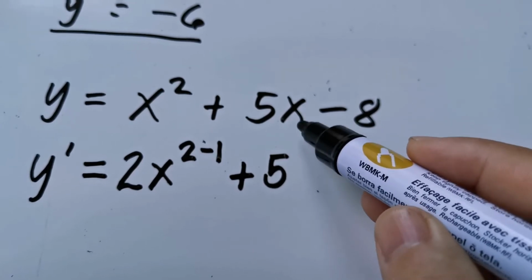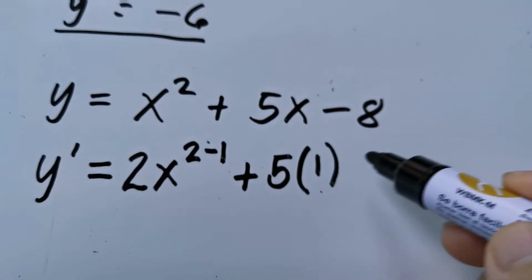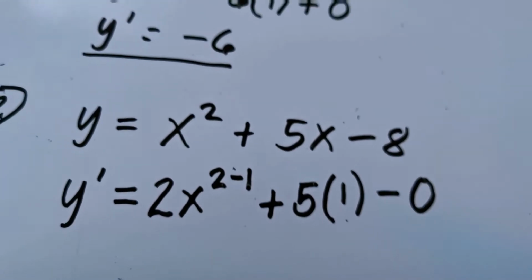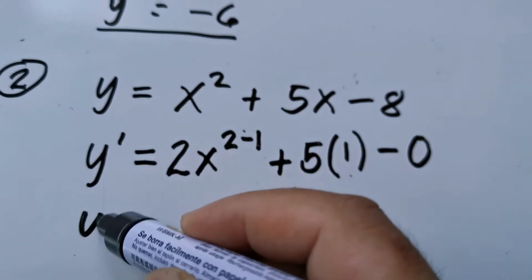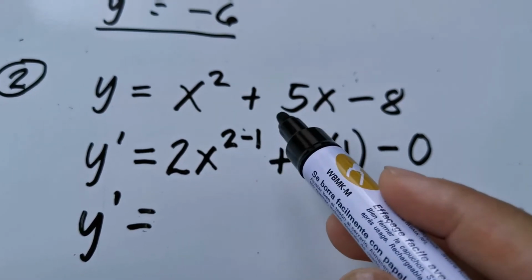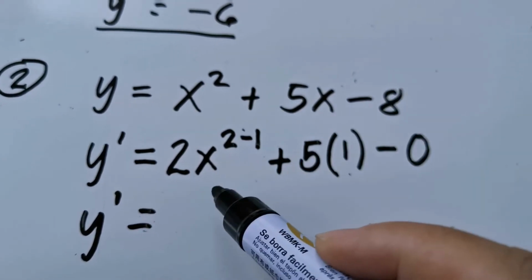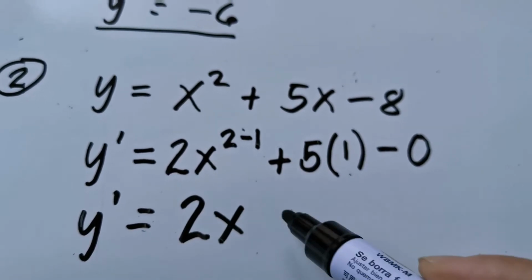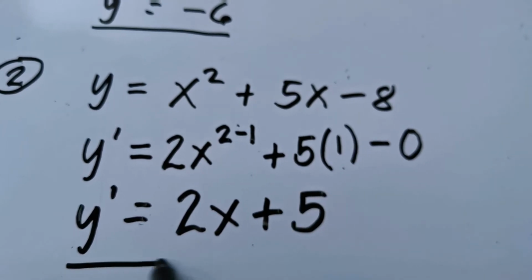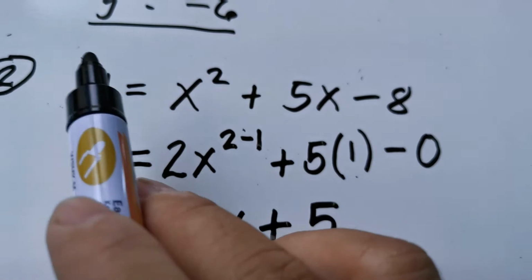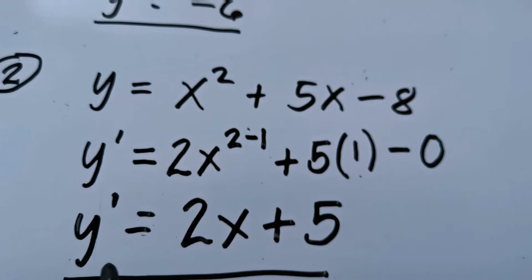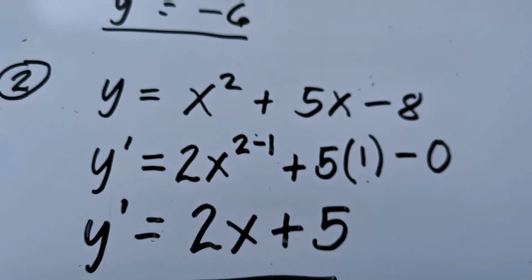We have the derivative of x is 1, minus the derivative of any constant is 0. Then simplify, we have 2x raised to 2 minus 1 is 2x, plus 5 times 1 is 5. So the derivative of y equals x squared plus 5x minus 8 is equal to 2x plus 5.